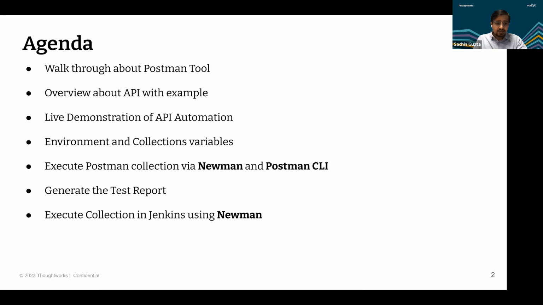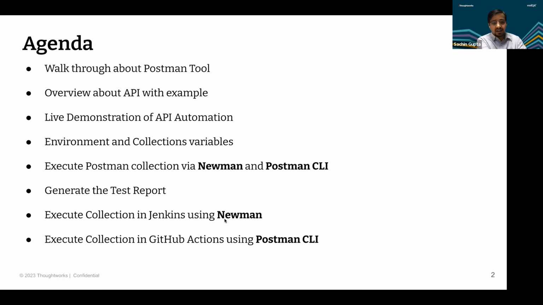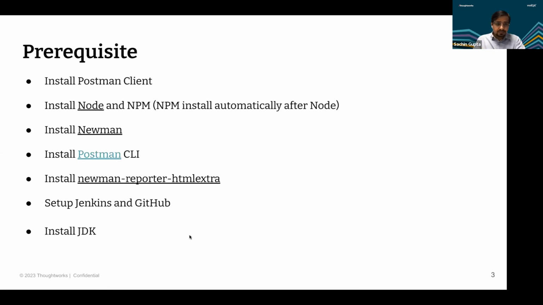And I'll show how we can integrate Postman collection in Jenkins with the help of Newman. And also I'll talk about how to integrate Postman collection in GitHub Actions by Postman CLI. If I get more time, then I'll talk about Jenkins with Postman CLI as well as Newman and similar for GitHub. All right, let me move forward.